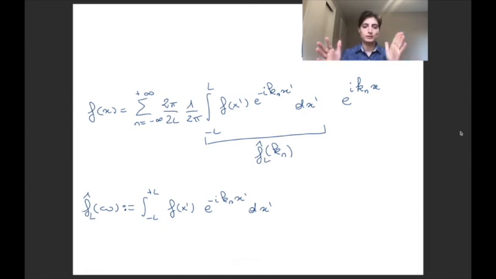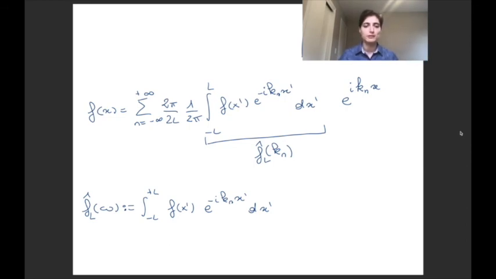We want to explicitly state how this integral depends on the choice of k_n that we have made. We also do some rescaling. We multiply and divide by 2 pi at the beginning just to have the right coefficients at the start.